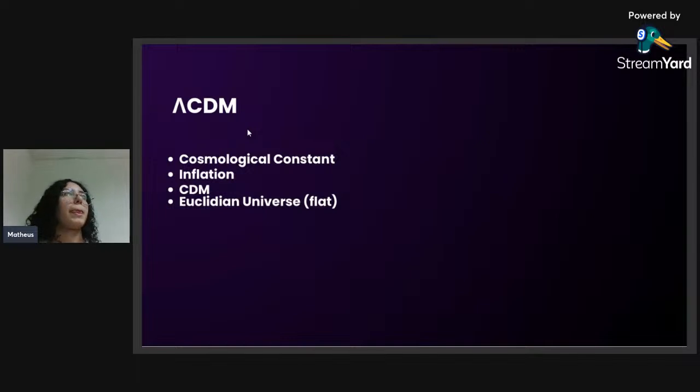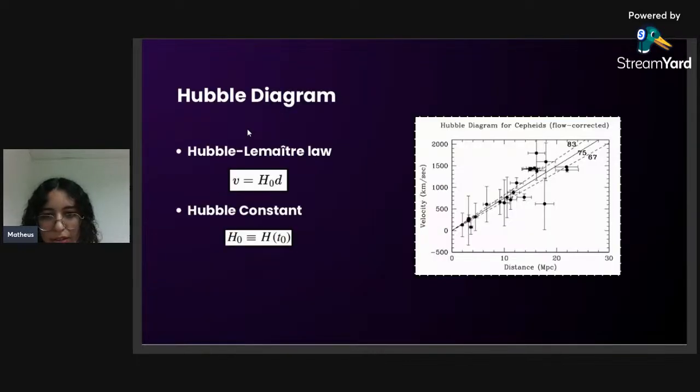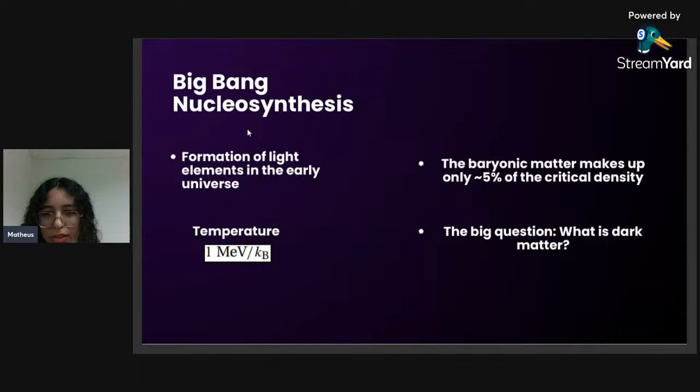Could you explain what the critical density is? The critical density is like, when you take all the density of the universe, of all the components, you have a critical density.